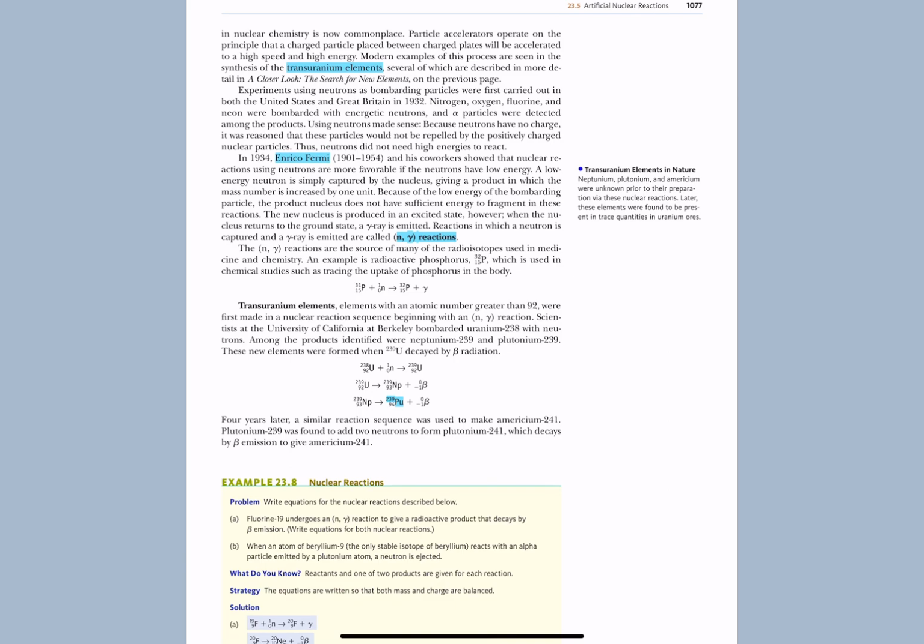How we make these transuranium elements is pictured in some of these equations down here towards the bottom of the page. For example, how can we make plutonium, which is a very valuable element in nuclear fuel for a nuclear reactor.